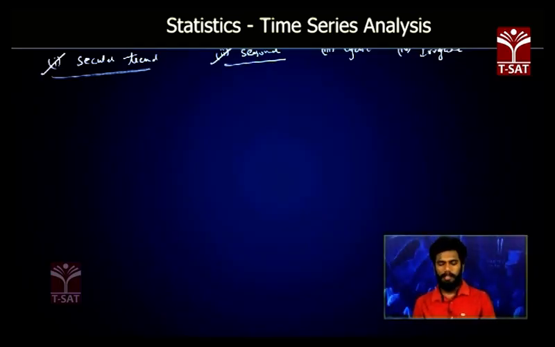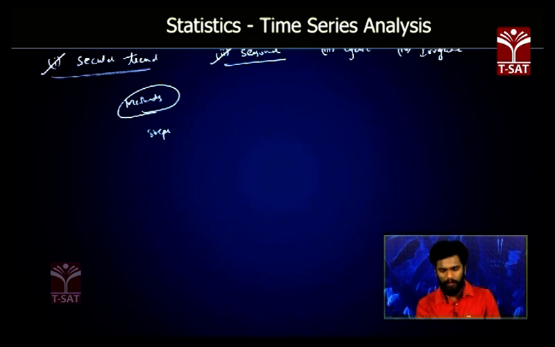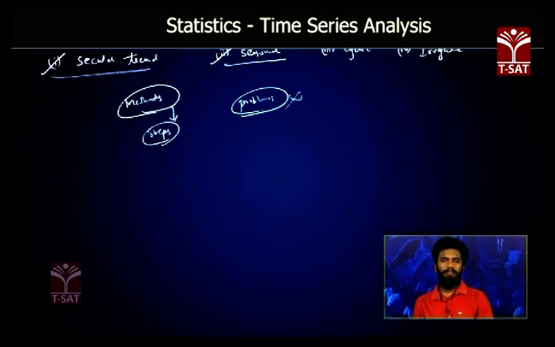We will discuss a few methods for the secular trend and also a few methods for calculating the seasonal trend. You can concentrate only on the methods and the steps involved in those methods. Don't worry about mathematical problems. There is no possibility of them asking mathematical problems. You can just concentrate on the methods we are using and the steps involved in those methods.